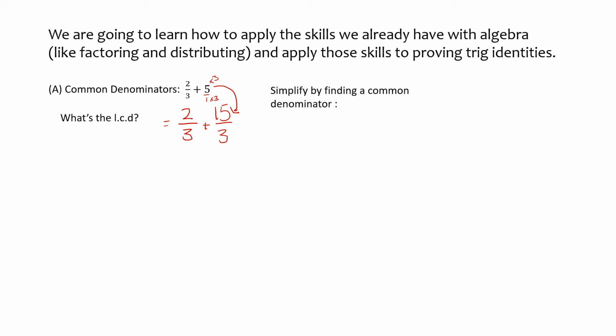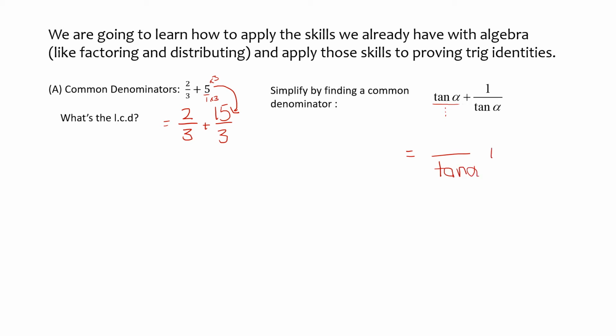We can do the same thing with trigonometric ratios. So this is tan alpha plus 1 over tan alpha. So what's the lowest common denominator here? This tan alpha is over an invisible 1, right? So our lowest common denominator is going to be tan alpha, just like in the previous question it was a 3.